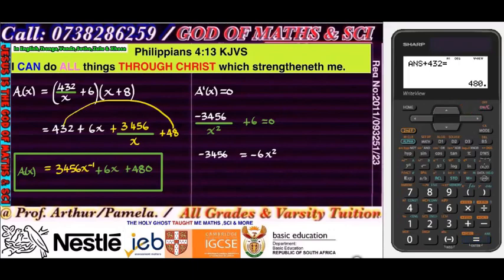Then divide by 6 on both sides. 3,456 divided by 6, we get x squared equals 576. Therefore x equals the square root, which is 24.